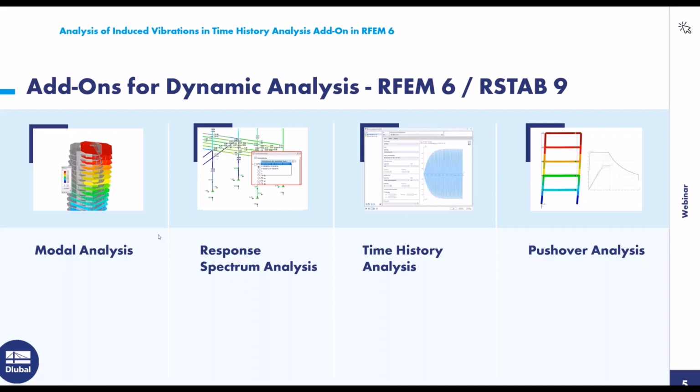You get the equivalent load factor and the eigenfrequencies of the structure, which is a really important tool. To use the other dynamic analysis tools, you need the modal analysis.